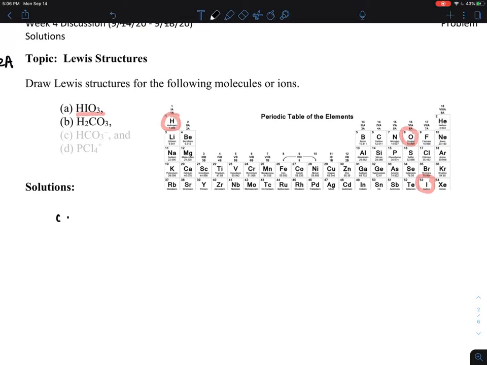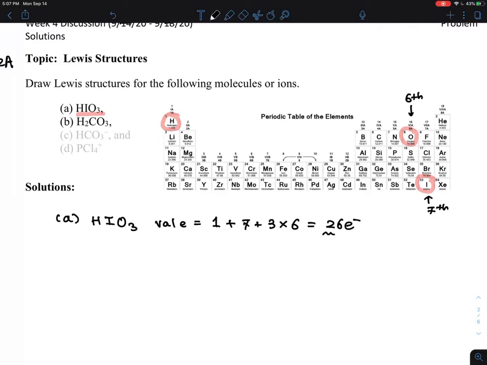So for HIO3, the valence electron numbers are 1, and iodine is in the 7th column, so 7. And oxygen is in the 6th column, but you have 3 of them, so 3 times 6. So that will make it 26 electrons.